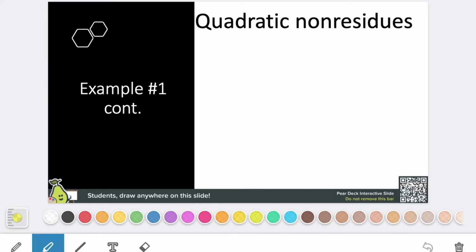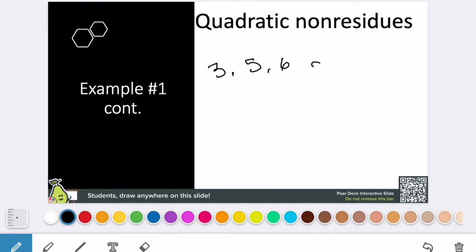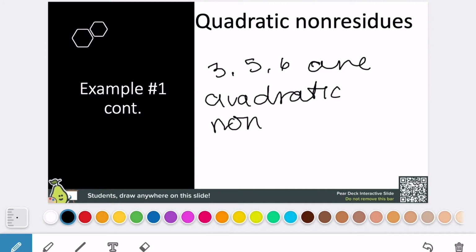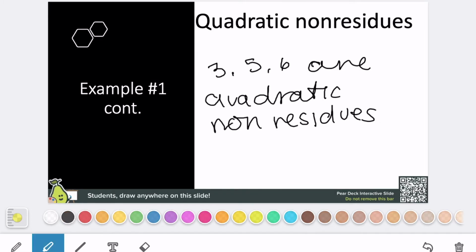And then the non-residues would be the ones that remain. So that would be 3, 5, and 6 that are quadratic non-residues. So again, our list for quadratic non-residues would be 3, 5, and 6.